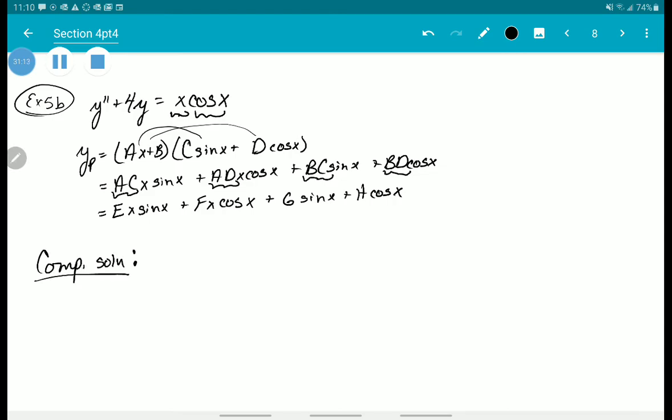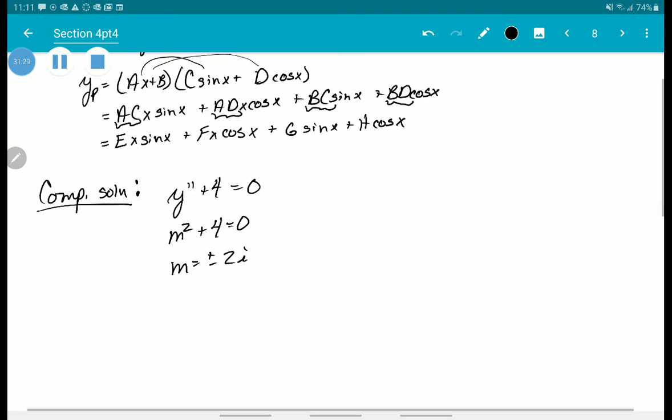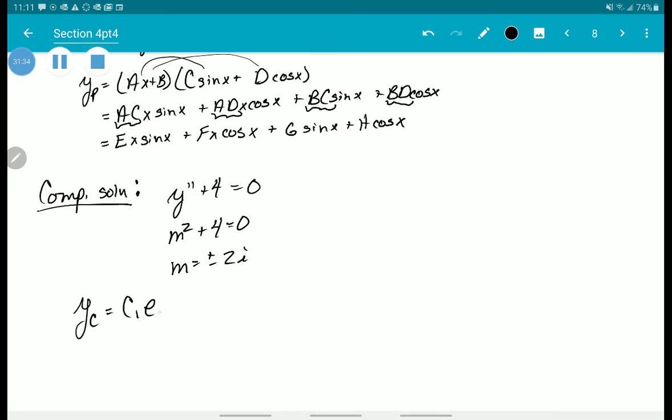So if we look at that associated homogeneous differential equation, it would be y double prime plus 4y is equal to 0. And we know this guy will have imaginary solutions. m is going to be plus or minus 2i. So the complementary solution is going to be c1 e to the 2ix plus c2 e to the negative 2ix.